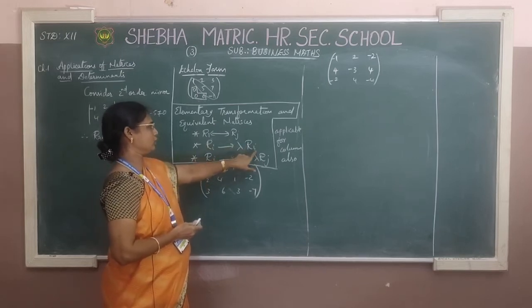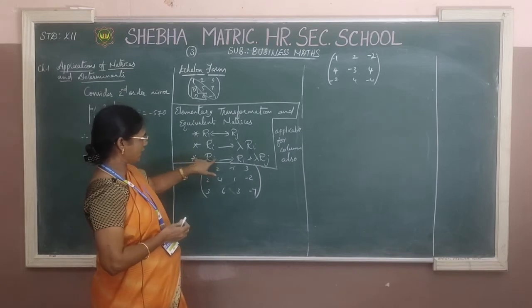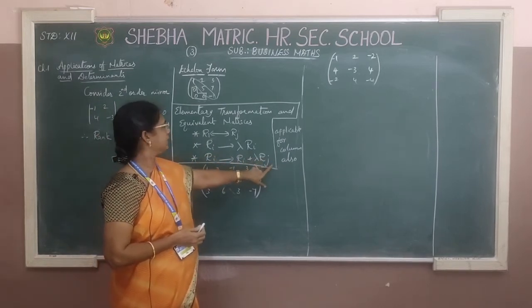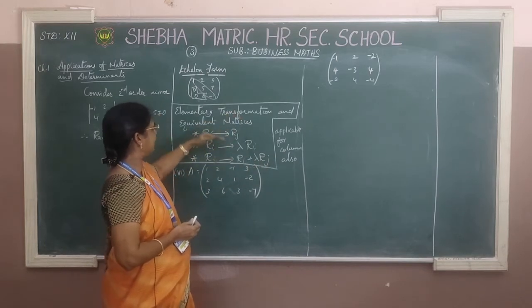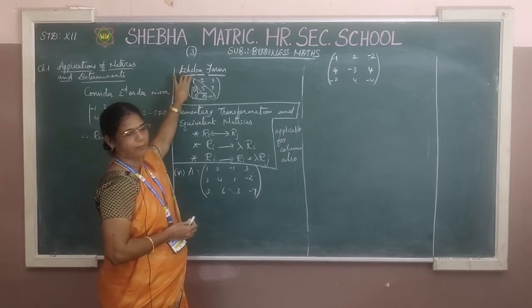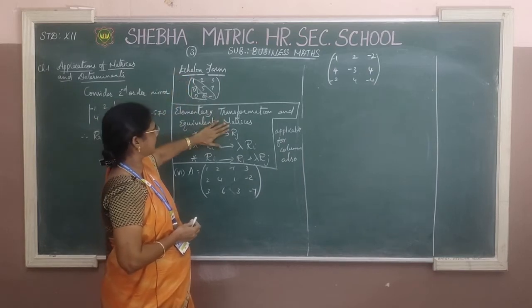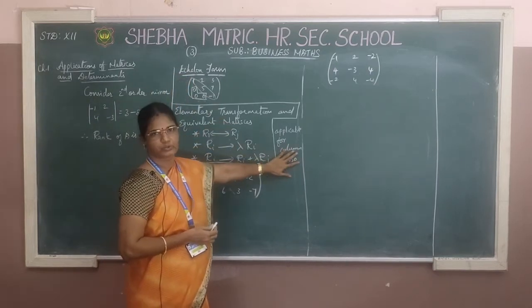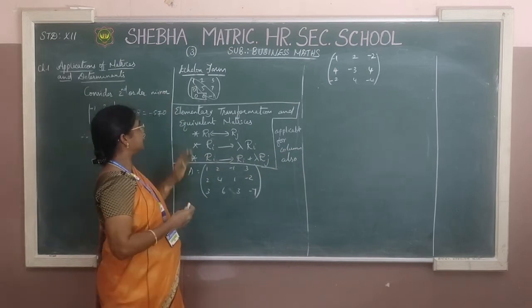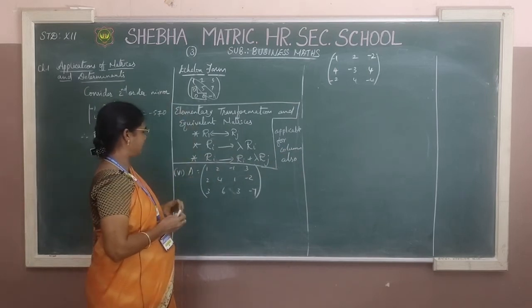The third one is Ri gives Ri plus lambda Rj. Using these 3 elementary transformations, you should make echelon form. Okay, this is applicable for columns also. Understood? Next, I am going to explain this echelon form through one example.